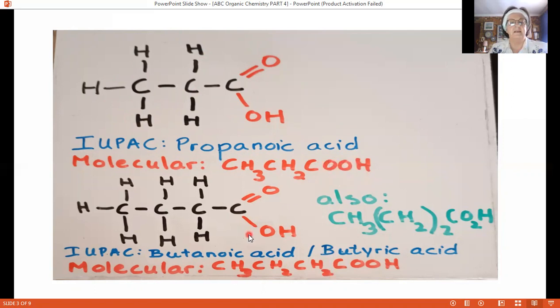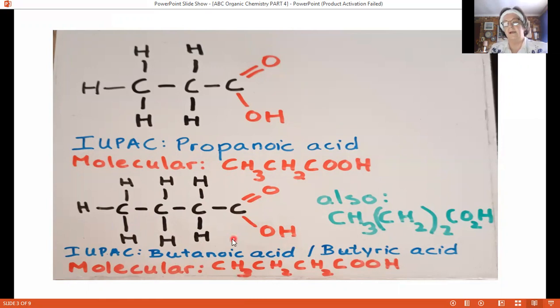So I've done it here in the next example where we've got four carbons. So it's but, and we prefer to use the pronunciation as but. So it's butanoic acid or butyric acid. Now, if you look at the molecular formula here, it's CH3, CH2, CH2, COOH.